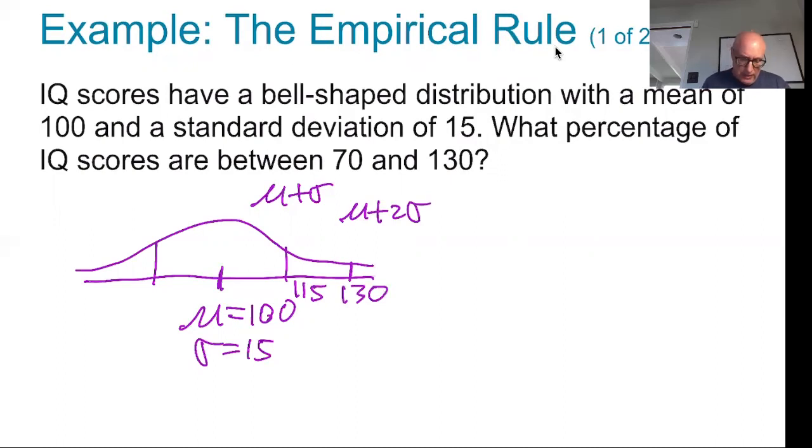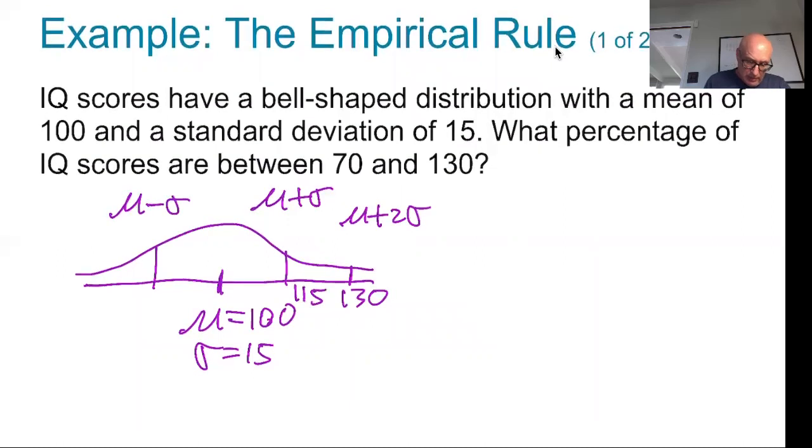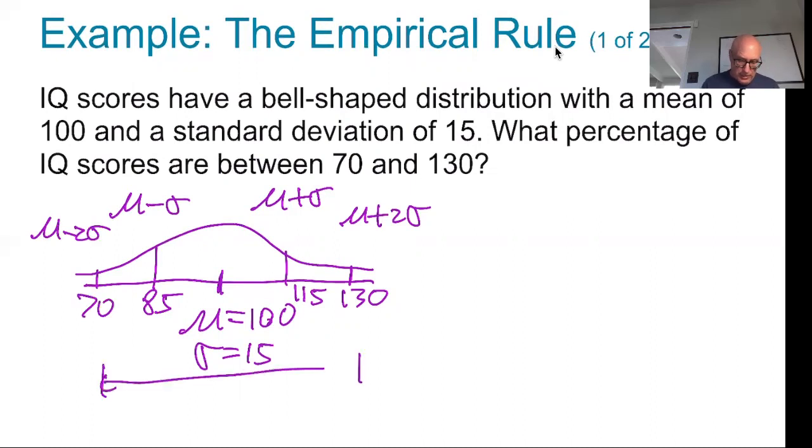Now, if I go the other way, if I subtract one standard deviation, that becomes 85. And then out here is 70. So the question is, they're asking what percentage of the population is between 70 and 130. That's between two standard deviations away from the mean, and that's 95%.